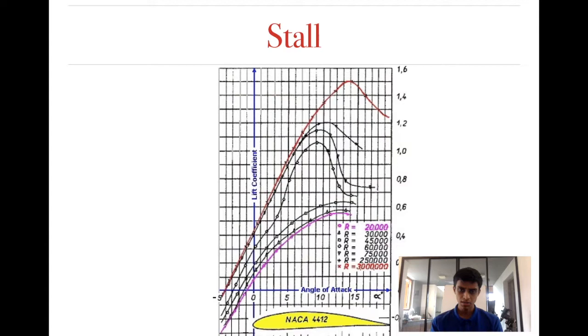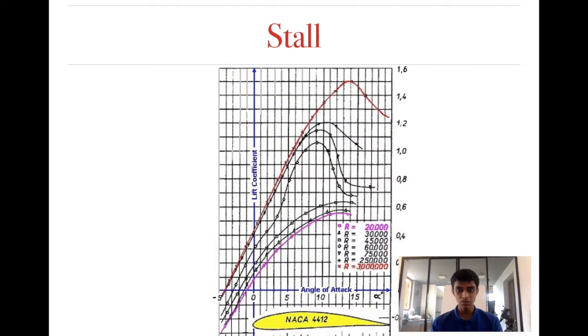Right. So let's take a look at this graph. Say that you want to design an aircraft, and when you want to design the wing and you want to buy an airfoil, with any airfoil that you purchase, you'll get this graph. This graph will show the performance, or the lift generated by the airfoil, at various angles of attack.